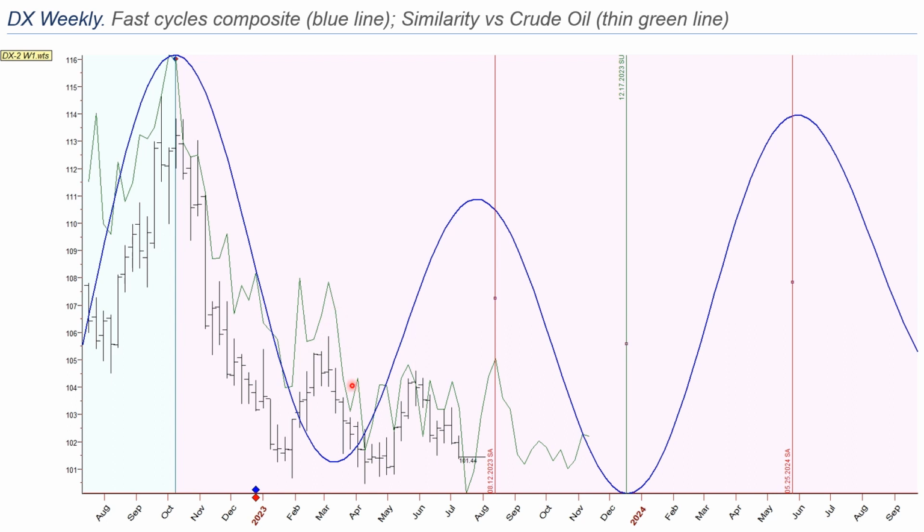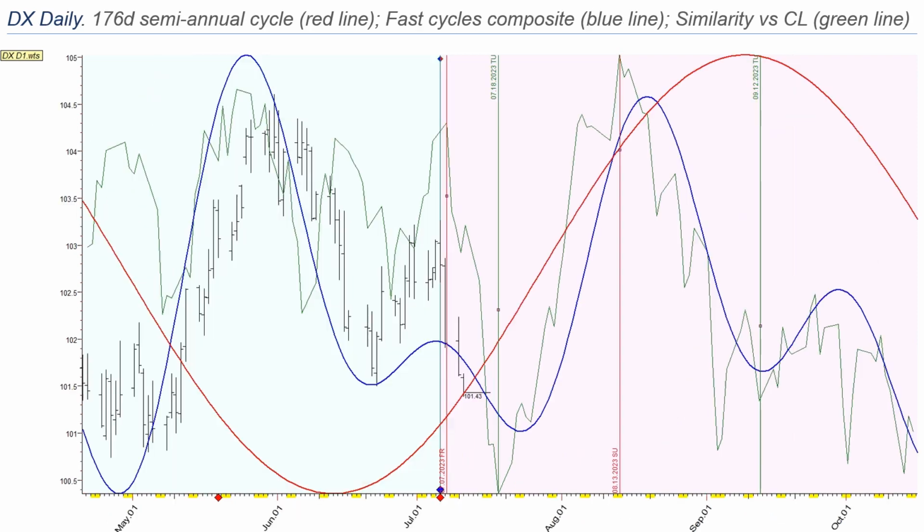Actually, this similarity line is even more effective in terms of correlation ratio. As you can see, the current decline goes in accordance with this thin green line, and it is going to turn upward from current dates and reach its local high by the end of the first decade of August.